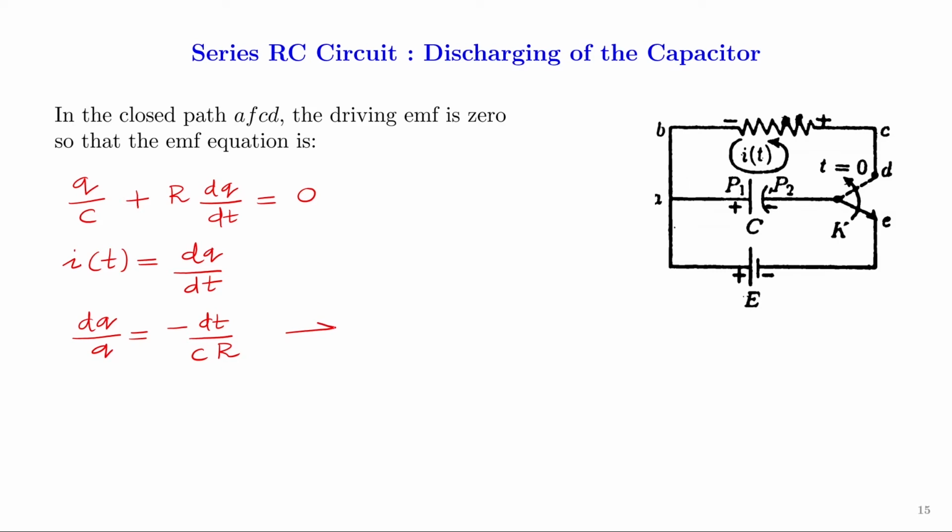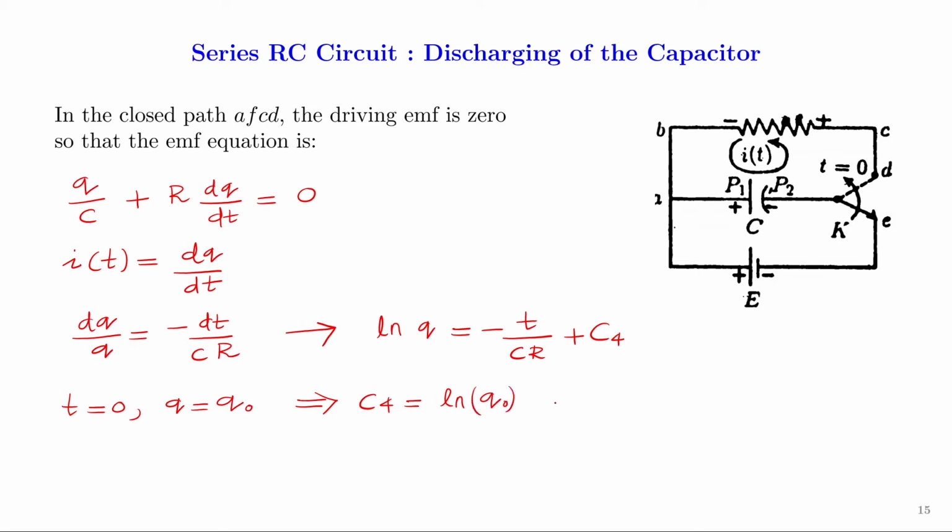Upon integration, this equation yields natural logarithm of q equal to negative of t over CR plus integration constant C4. To evaluate the integration constant, we have at time t equal to 0, q equal to q0, that is the maximum charge on the capacitor. So this gives us C4 as equal to natural logarithm of q0.